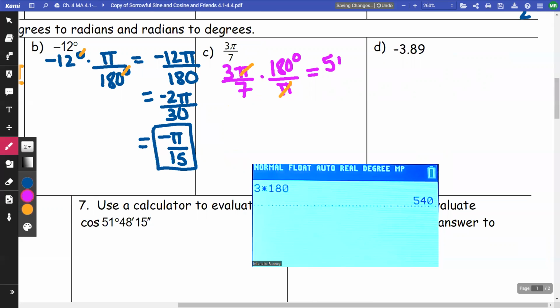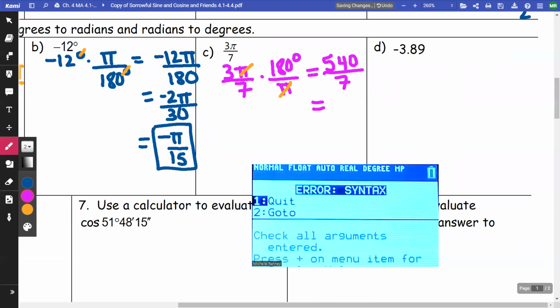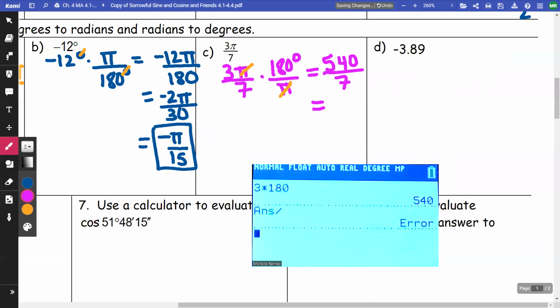So I'm going to end up with 540 over 7. If I take 540 divided by 7, I'm going to get about 77.14 degrees.